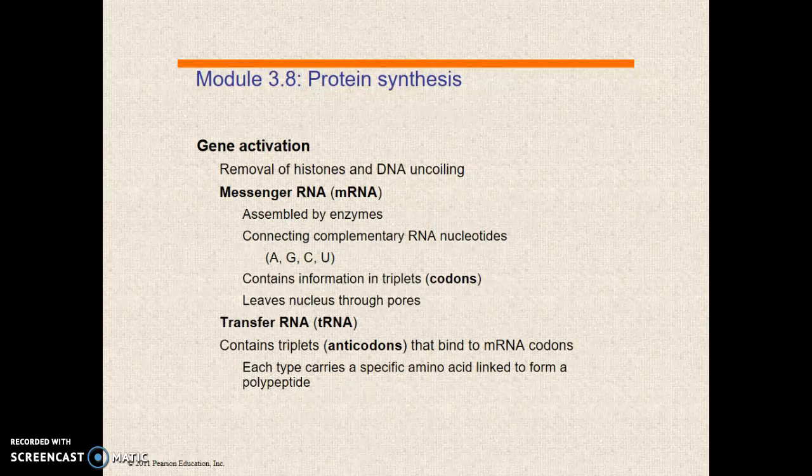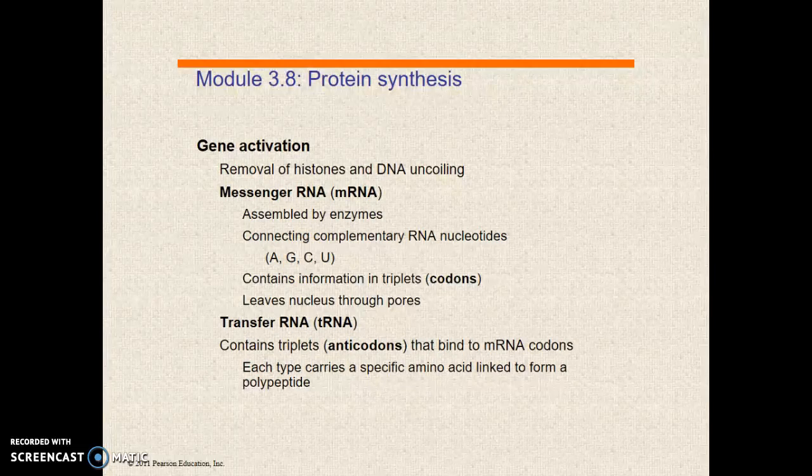In order to make the protein, you have to uncoil the DNA. It must be in chromatin form. You have to uncoil the DNA and remove those histone proteins that it's wrapped around. And 3 different types of RNA are required. First, the messenger RNA. The messenger RNA is the copy of the DNA as RNA. The RNA is made into one strand.